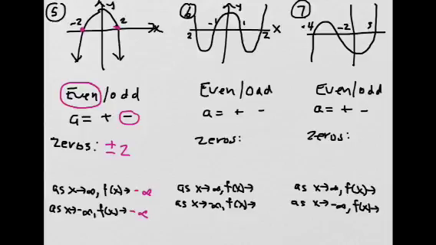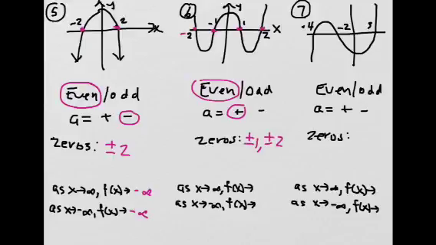Okay. Number 6, both ends of the graph go up, so this is another even function, but this time the a is positive because it's an up, up. The zeros, if you notice, it goes through 2, 1, -1, and -2. I forgot the negative right there. So it's plus or minus 1 and plus or minus 2.